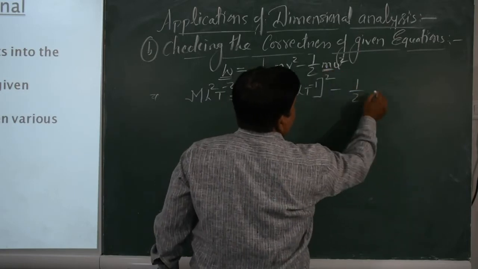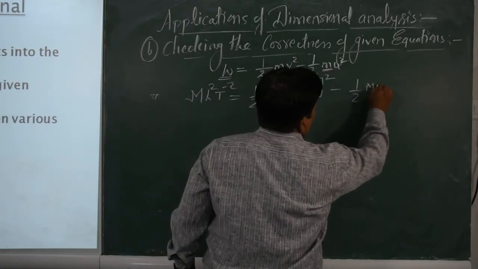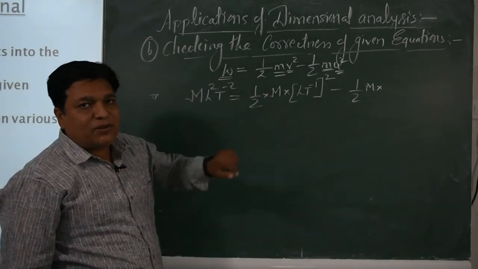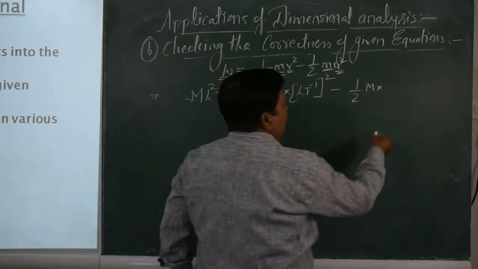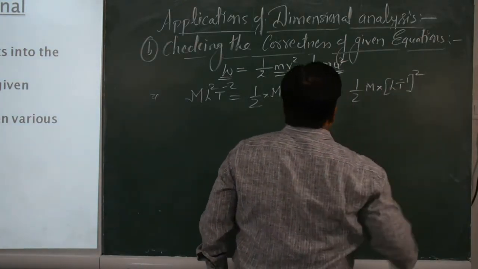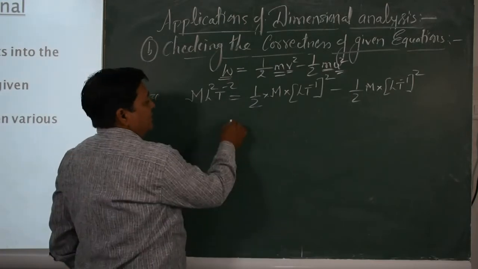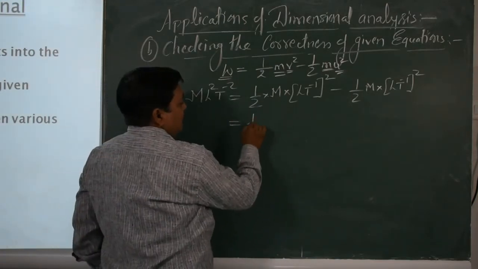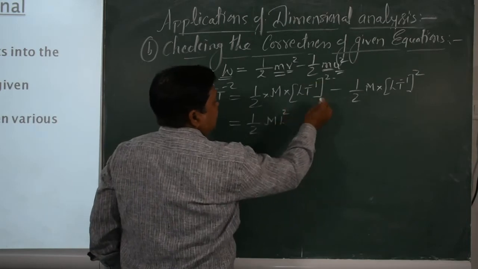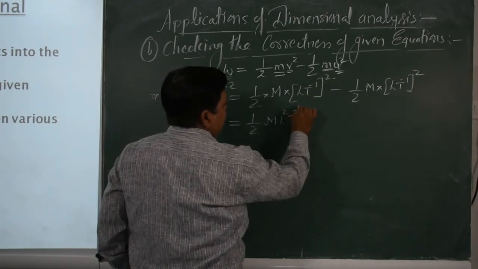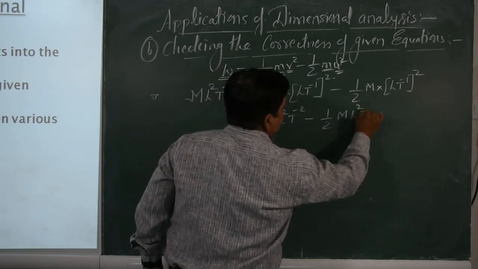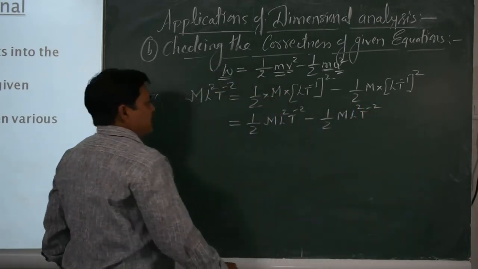Again for mass, M is there. The initial velocity is also velocity, so its dimensional formula will be the same, L T to the power minus 1 to the whole power 2. Finally we write here half M L square T to the power minus 2 minus half M L square T to the power minus 2.